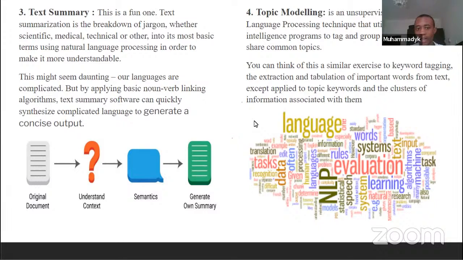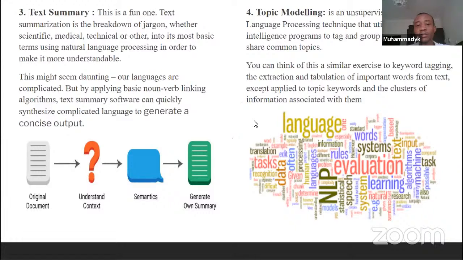So just like I said earlier, inputs can be in text and they can also be in voice or every other format. Sometimes you might receive input that doesn't really make a lot of sense, right?